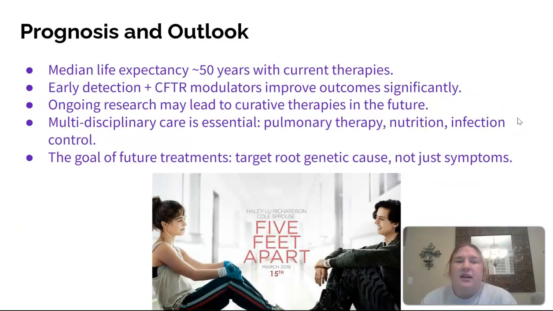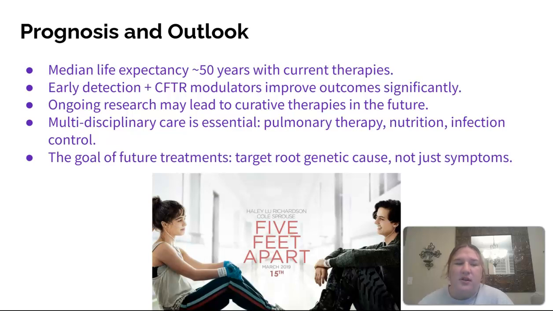The prognosis and outlook. Median life expectancy is about 50 years old with current therapies. Early detection of the disease and also CFTR modulators, those drugs we talked about, improve outcomes significantly. Ongoing research may lead to curative therapies in the future, like CRISPR.